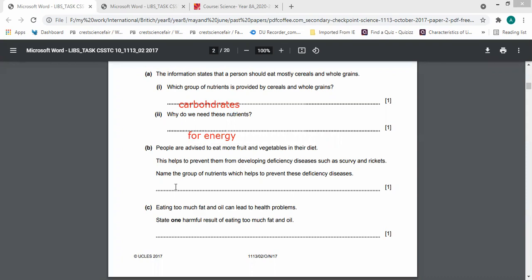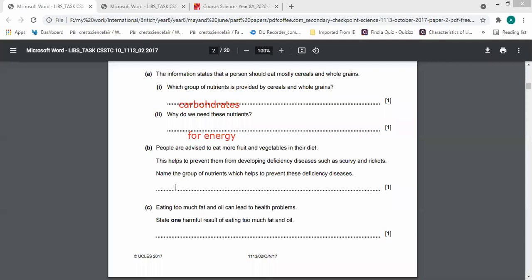Okay. Letter B, people are advised to eat more fruit and vegetables in their diet. This helps to prevent them from developing deficiency diseases such as scurvy and rickets. Name the group of nutrients which helps to prevent these deficiency diseases.